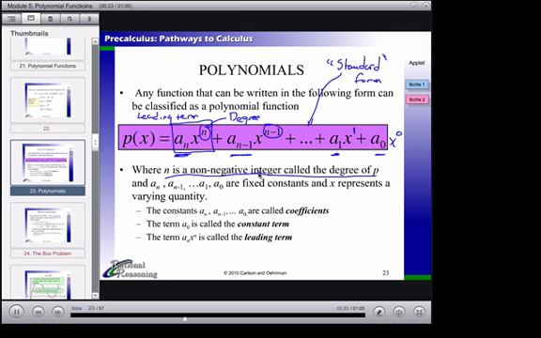That power of x is the degree of the polynomial. The coefficients are the real numbers that are multiplied by those x expressions. Over here, this is a special term where there is no x, or it's x to the 0. That's just called the constant term.